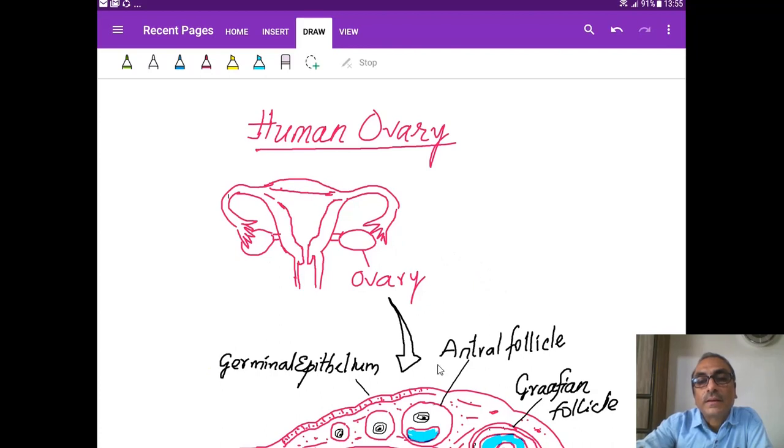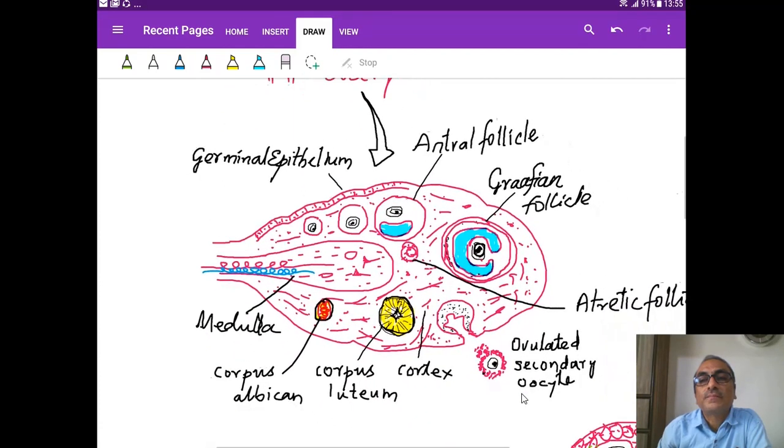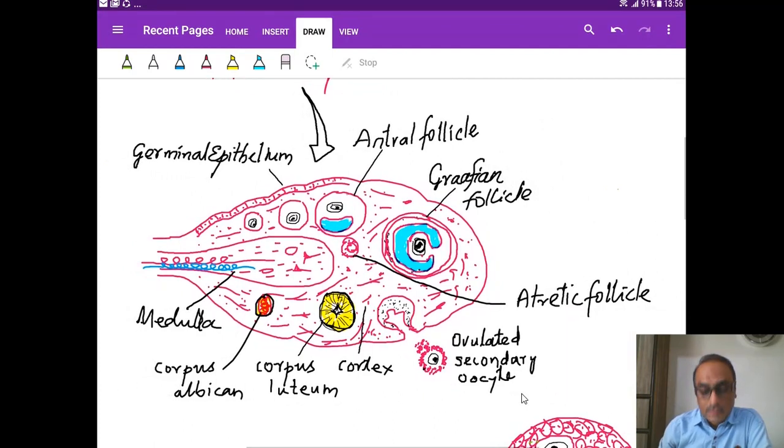And if you take up the section of the ovary, as we see here, the outermost layer of the ovary is the germinal epithelium, made up of cuboidal epithelial cells that cover the ovary from the outside.